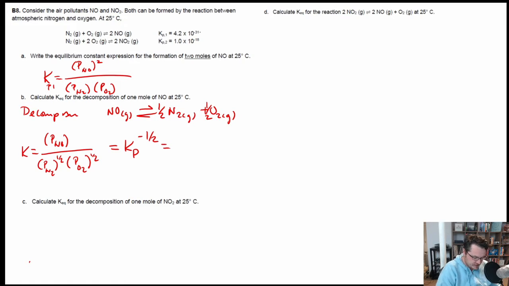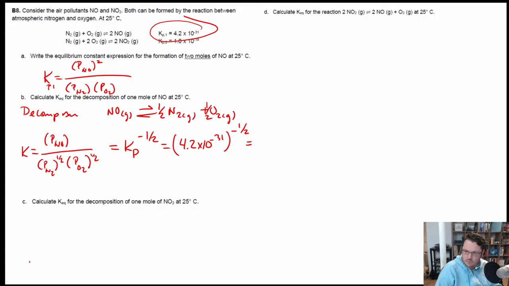All we have to do is take this number and plug it in, and then we can calculate the new KEQ value for the decomposition reaction of 1 mole of NO gas versus 2 moles of NO gas. We have 4.2 times 10 to the negative 31, and all of that is to the power of -1/2.